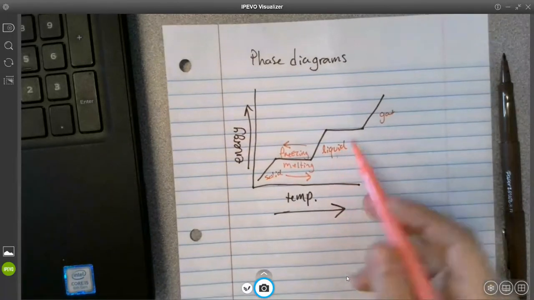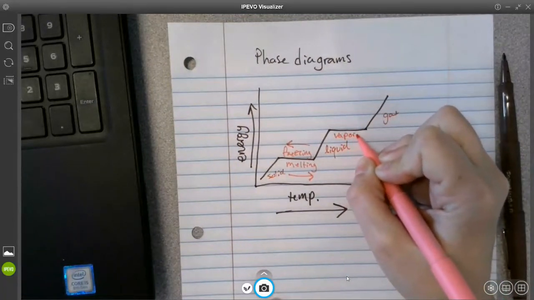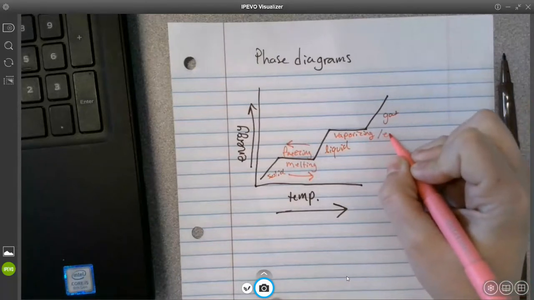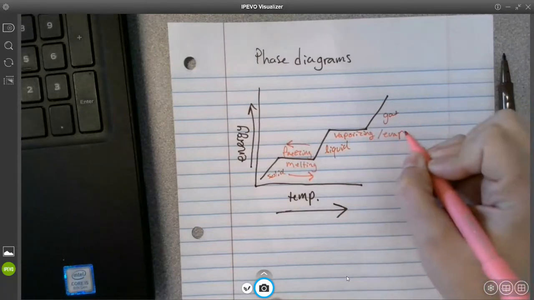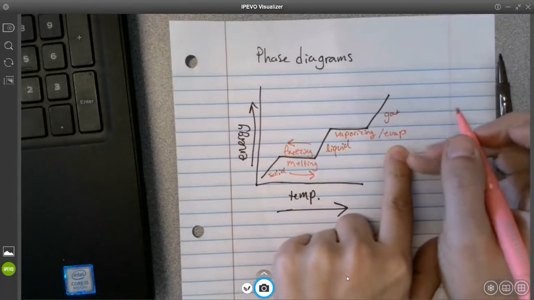If you have a liquid that is turning into a gas, we call that vaporizing, or you can also hear it referred to as evaporation.